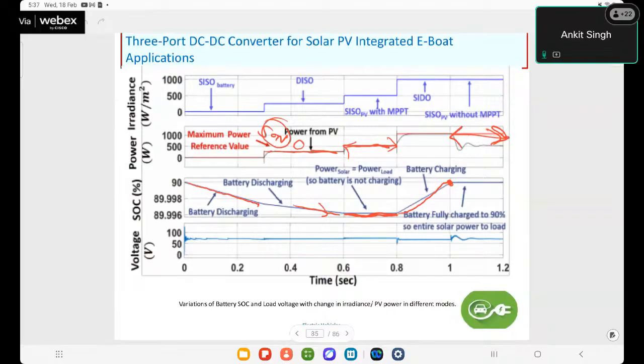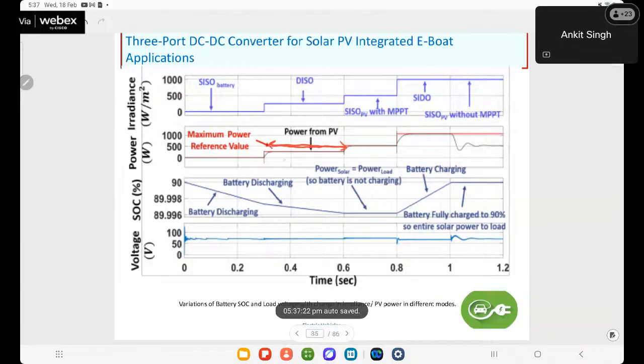Here DISO operations are there also. This is the reference power line, and solar PV is not generating the required amount of power.